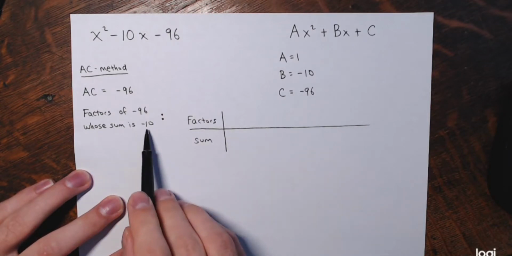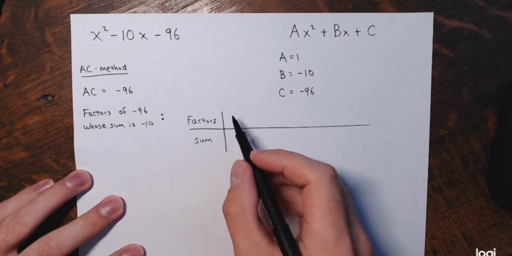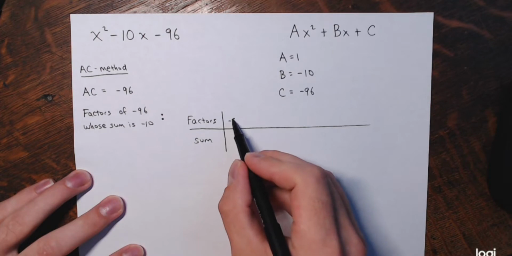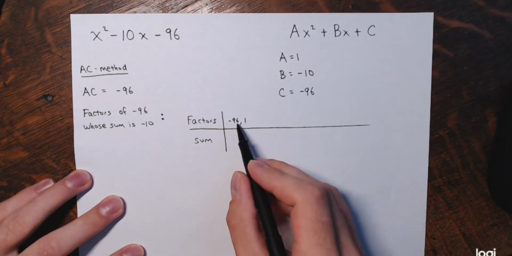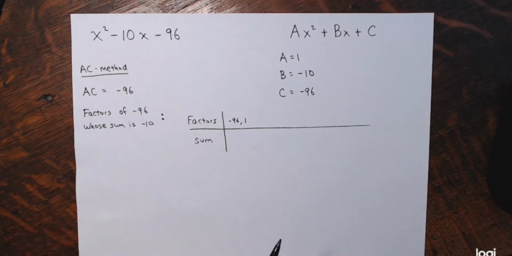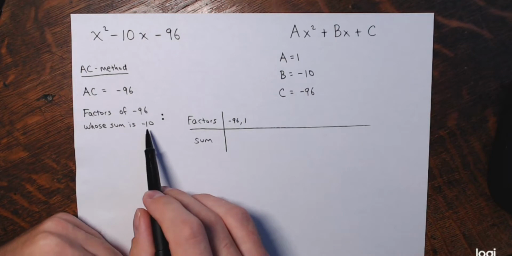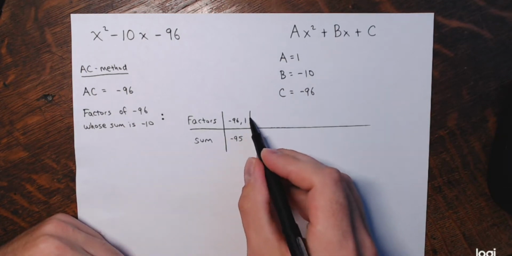Now, again, we want the sum to be negative. So that means I want the negative factor to have a larger magnitude. So I would want negative 96 and positive 1, right? Not the other way around. Because if the positive number had a larger magnitude, then the sum would be positive. But I want a negative sum. And these add up to negative 95, right? Which is no good.